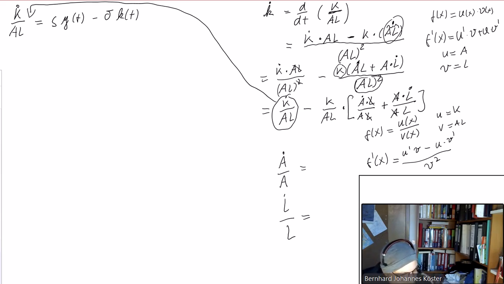You can write it also like this: change of costs over costs. What is this? What is change of prices over prices? What is change of production over production?